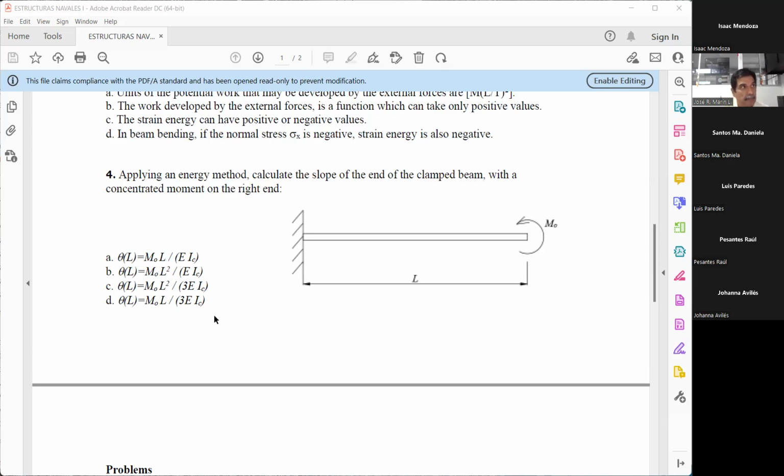Okay, we're saying that the bending moment is equal to M0. This is a constant, and it's equal to EI times the second derivative of the deflection.